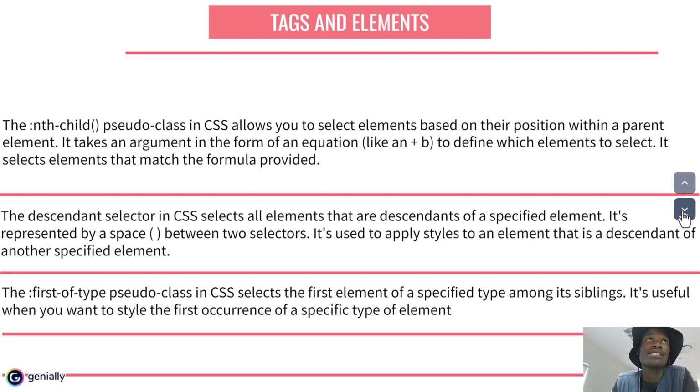It takes an argument in the form of an equation like an plus b to define which elements to select. It selects elements that match the formula provided. Let me just go through that again. The nth-child pseudo class in CSS allows you to select elements based on their position within a parent element. It takes an argument in the form of an equation like an plus b to define which elements to select. It selects elements that match the formula provided.